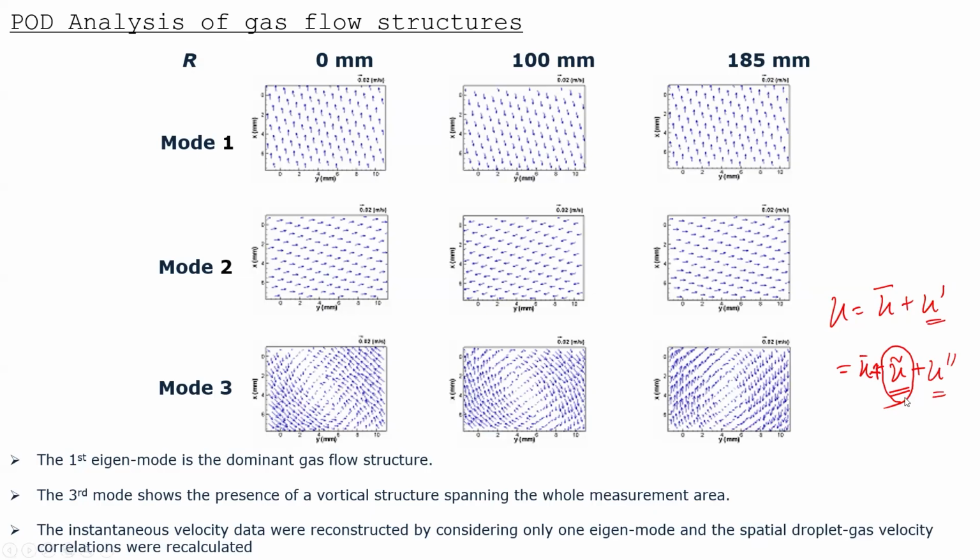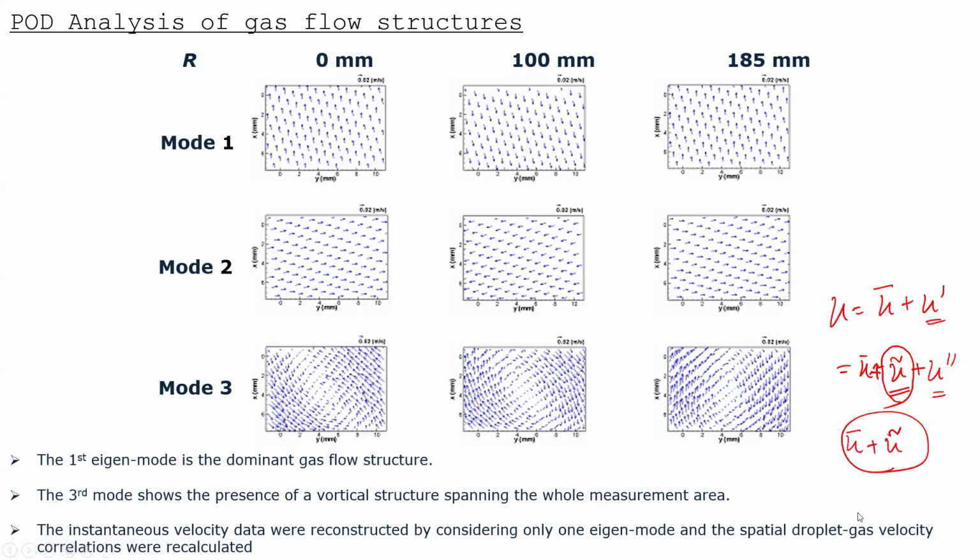And we can reconstruct the flow using only large scale eddies. So once we are able to do this decomposition, I can capture the flow field like this. Okay. And with this, I can study how the particles respond to these large scale features individually. So that is the beauty of this approach.